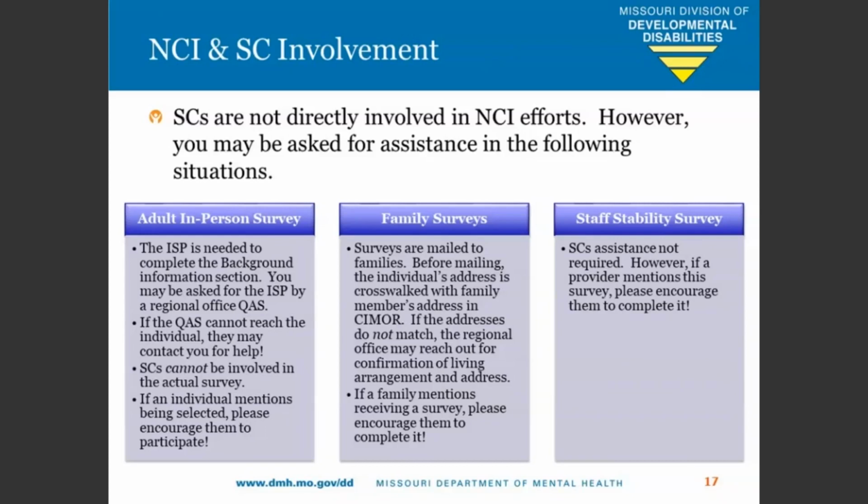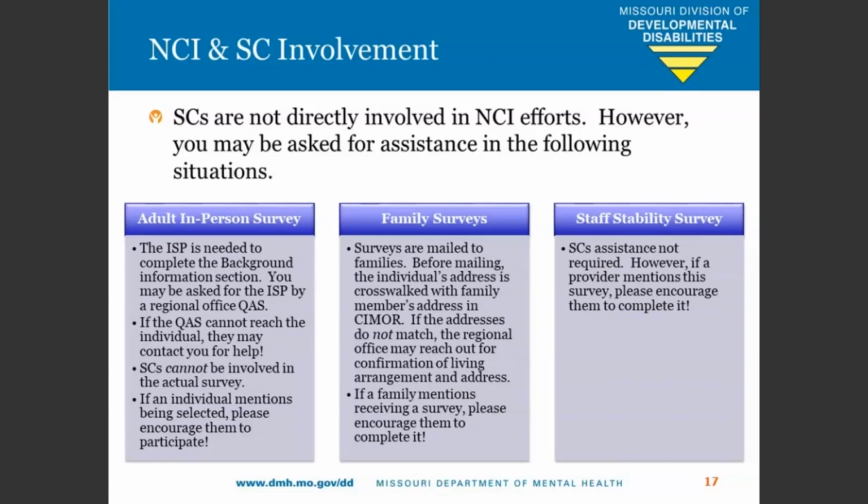So that information, a lot of it comes from SUMRA. A lot of it comes from other state records, and some of it also comes from the individual's IS2.